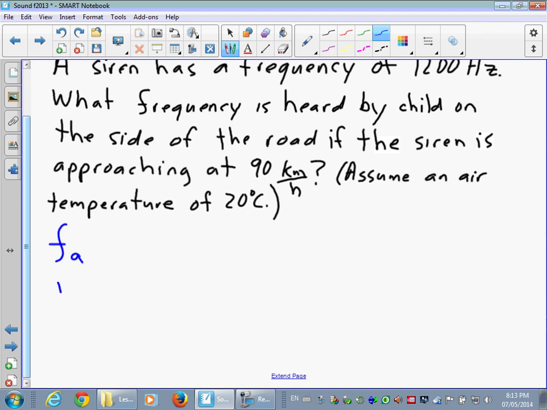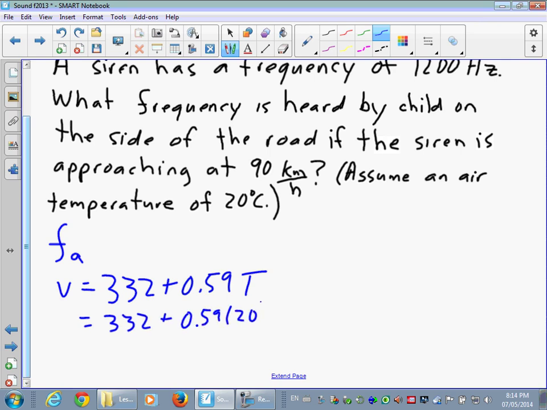I know that v is the speed of the sound, which is 332 plus 0.59 t, which means 332 plus 0.59 times 20, which works out to be 343.8 meters per second.